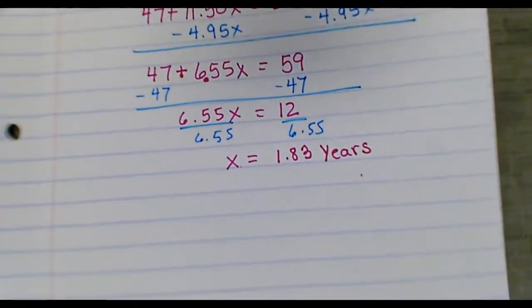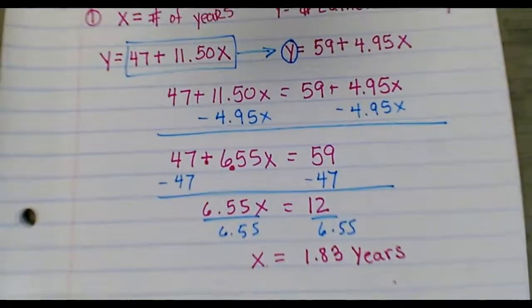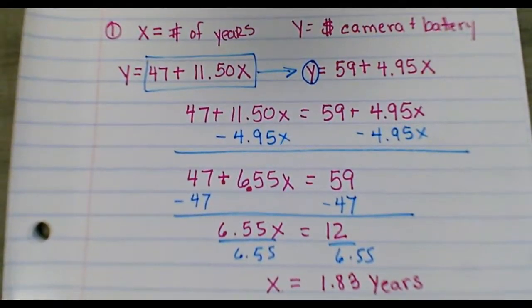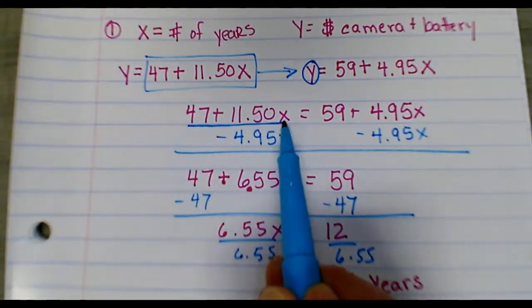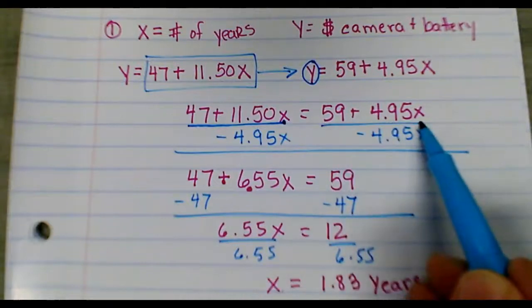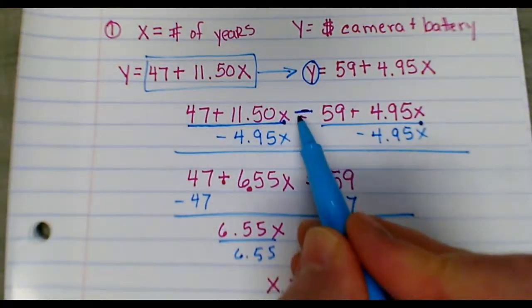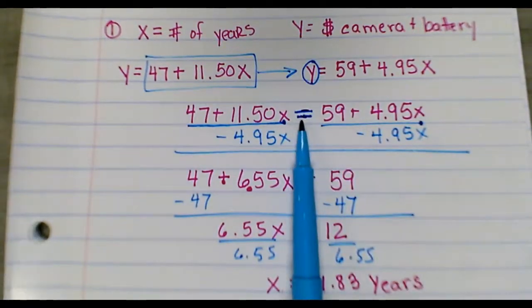So let's go. Is everybody with me this far? Let's see if I can get the whole thing up here. This is the first camera. This is the second camera. This 1.83 years is how much it takes for them to be equal in cost.